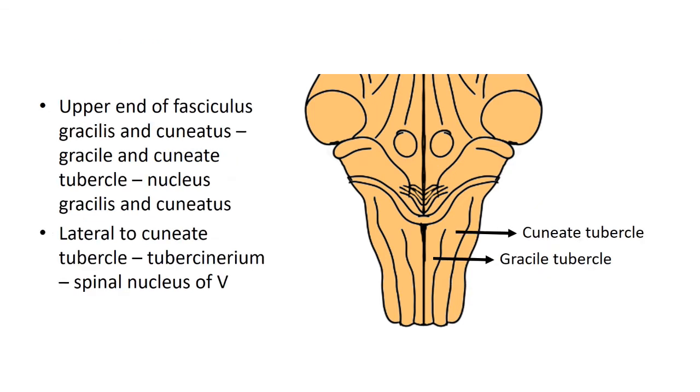The upper end of fasciculus gracilis and cuneatus forms the gracile and cuneate tubercle, which contains nucleus gracilis and nucleus cuneatus. Lateral to cuneate tubercle is the tuber cinereum, underneath which lies the spinal nucleus of fifth nerve, that is the trigeminal nerve.